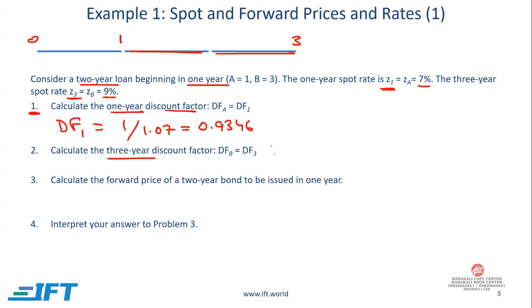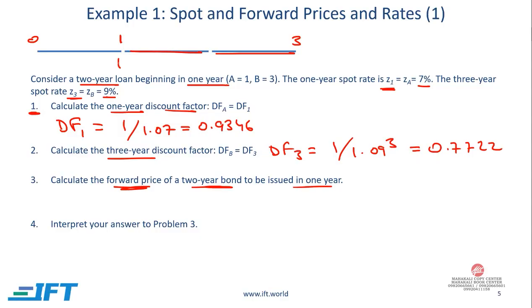So this DF3 is equal to 1 divided by 1.09 cubed, and this is 0.7722.